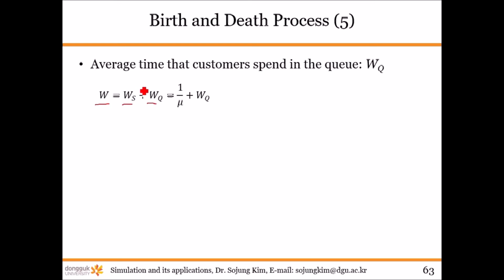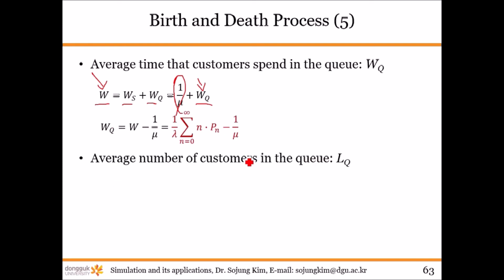Since you know WS, which is 1 over mu, you can calculate WQ, right? Also, the average number of customers in the queue, you can also calculate using Little's formula, right? So that's why in queuing theory, it's very important to calculate the Pn, okay?